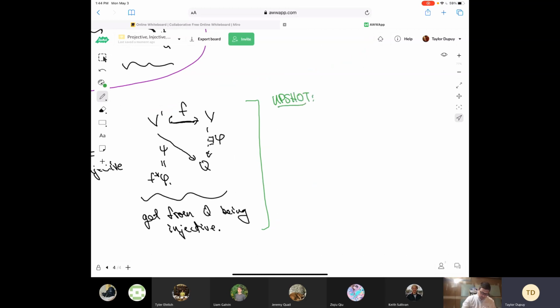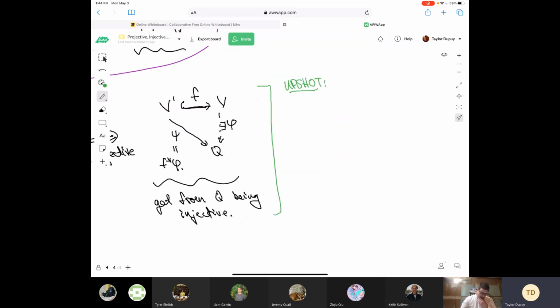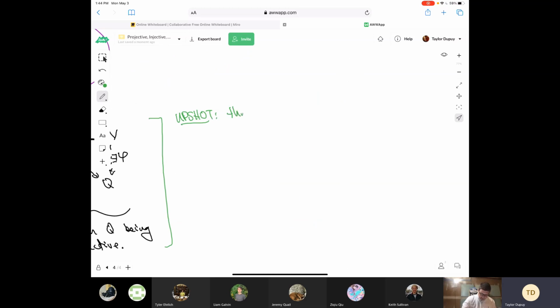The upshot is that this condition is useful for checking when modules are injective.